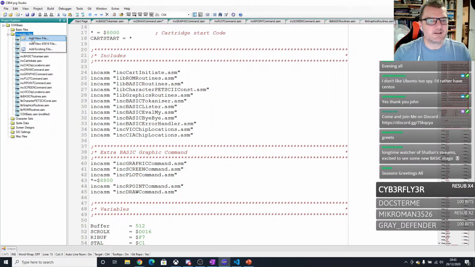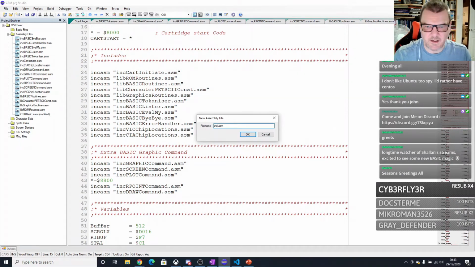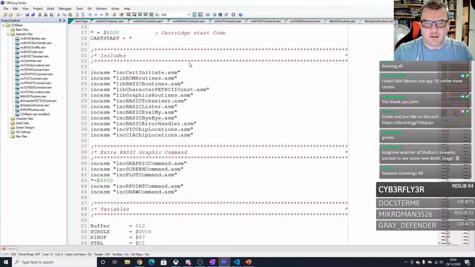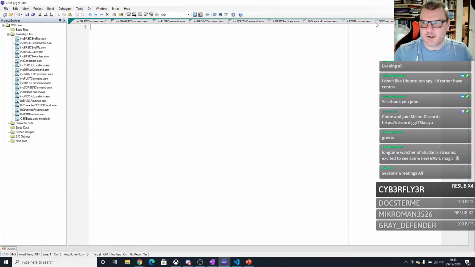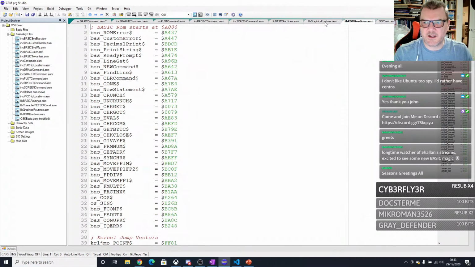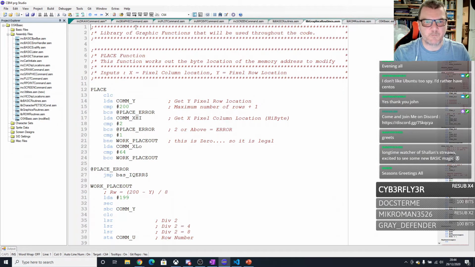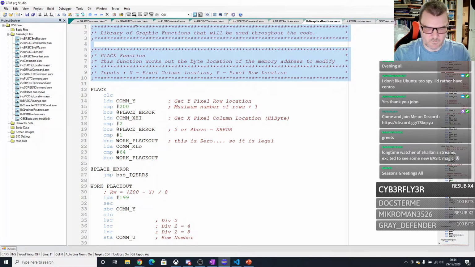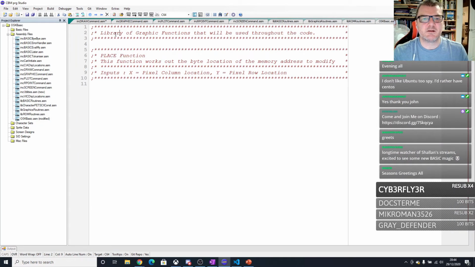Right, let's add a new inc file, utilities. Right, so where's my headers? Here we go. A library of functions that will be used throughout the code. Here we go.